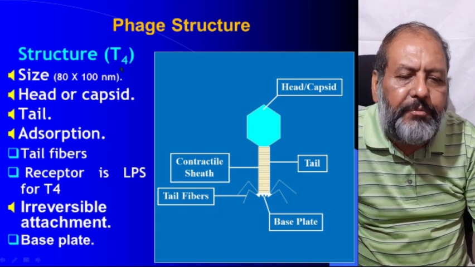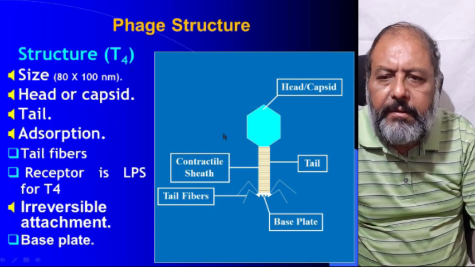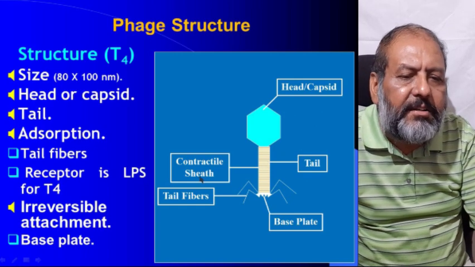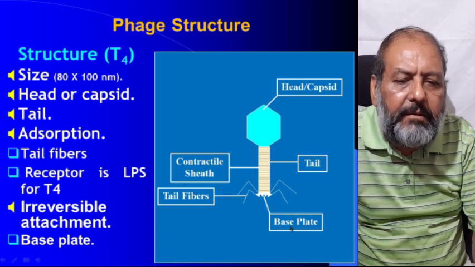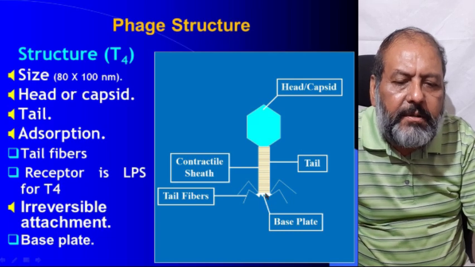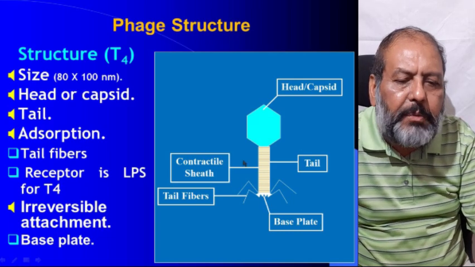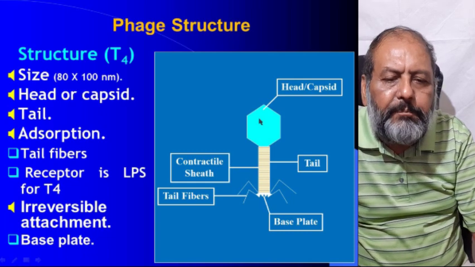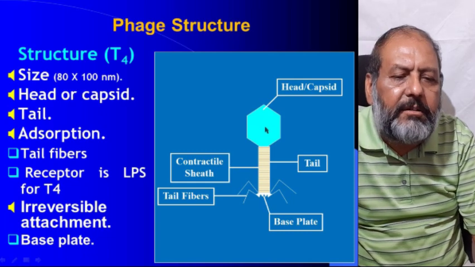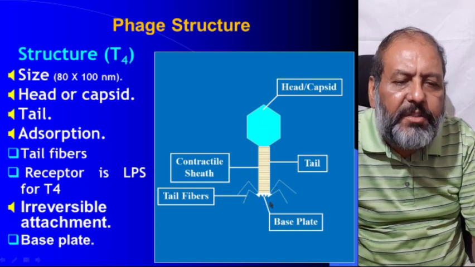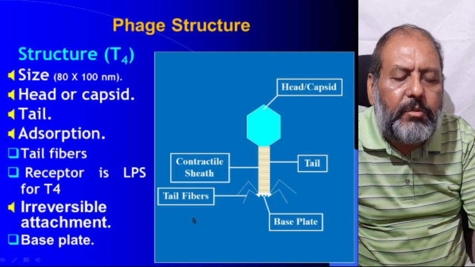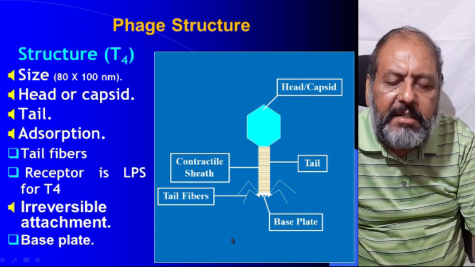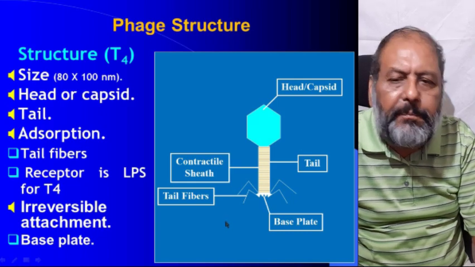Phage structure: if you just see it, this is the structure of the T4 bacteriophage. That is the head, that is the tail, contractile sheath, tail fibers, and the base plate, by which it attaches and transfers, by sheath contraction, the genetic material, which is here in the head, to the bacteria on which it has attached by the tail fibers and the base plate.